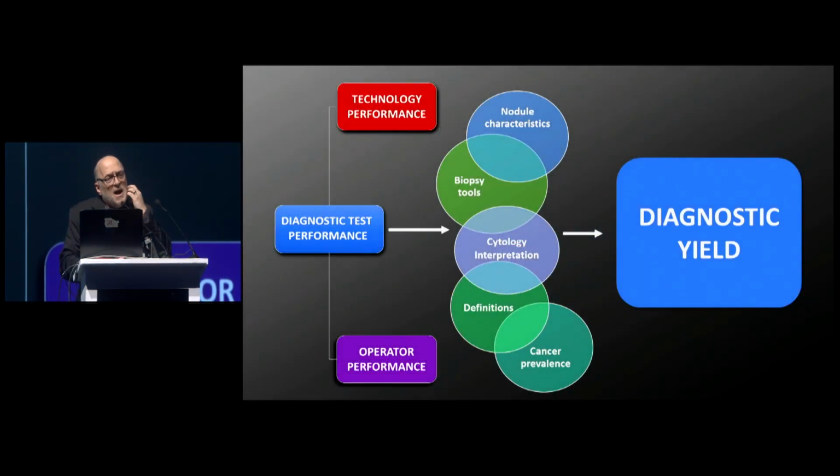The other thing that we have to contend with is diagnostic yield, right? Diagnostic test performance is really a combination of many different things, some of which are controlled, some of which are uncontrolled. It's really a combination of the performance of the technology, the operator performance, and then many other things that you really can't control. All these things lead into diagnostic yield.